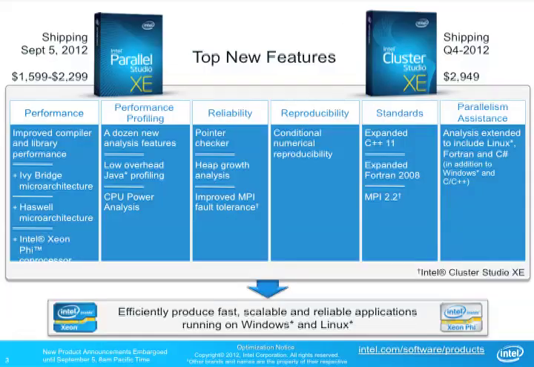I've got a list here of the top features, and I think some of these are things you would expect from Intel every year, and some of these are interesting new functionality that's been inspired by our customers, and we're pleased to be able to offer that to complement the general push for performance for the latest processors.